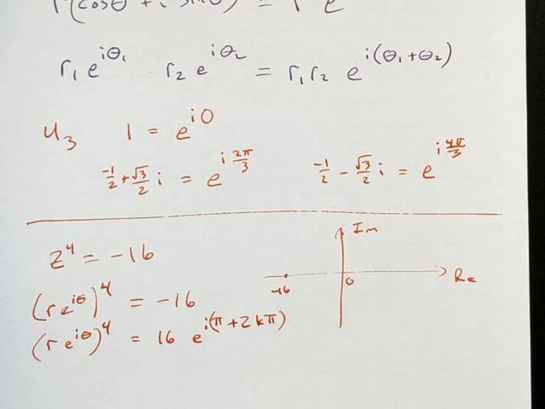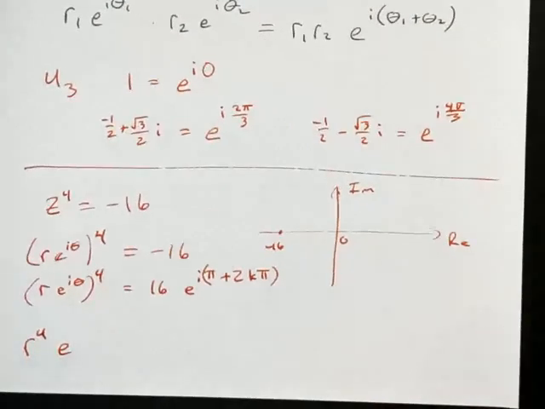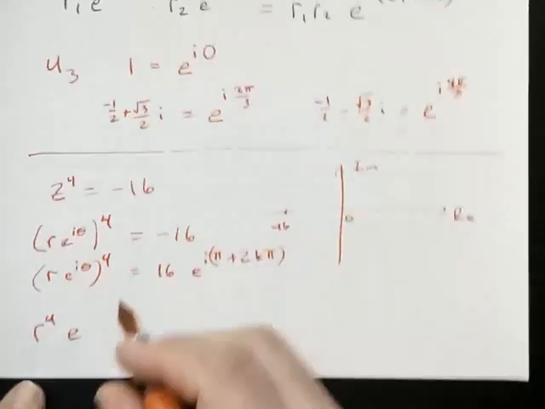A little bit of algebra on the left side now. I have a product to a power. How do I distribute that 4? It would be r to the 4th times e to the 4i theta. Aha, because I have a power of a power, and that means you multiply the powers.